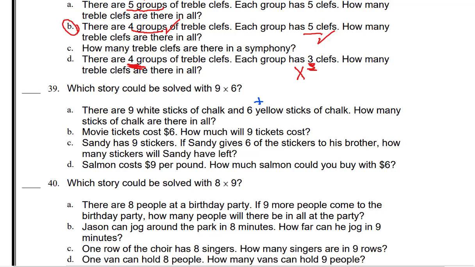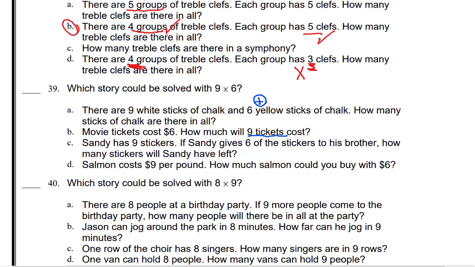Movie tickets cost $6. How much would 9 tickets cost? Each one costs $6, right? Okay, so how to find the cost of the 9 tickets?